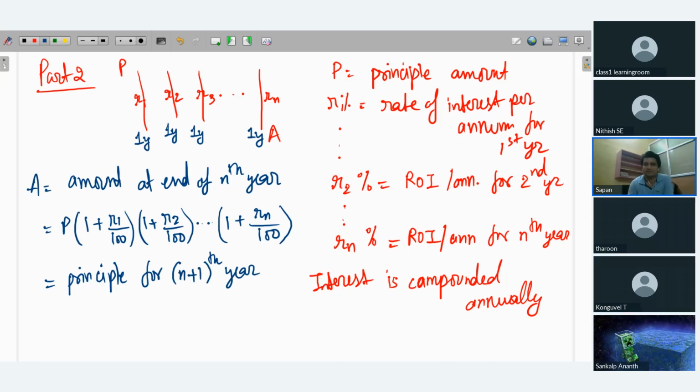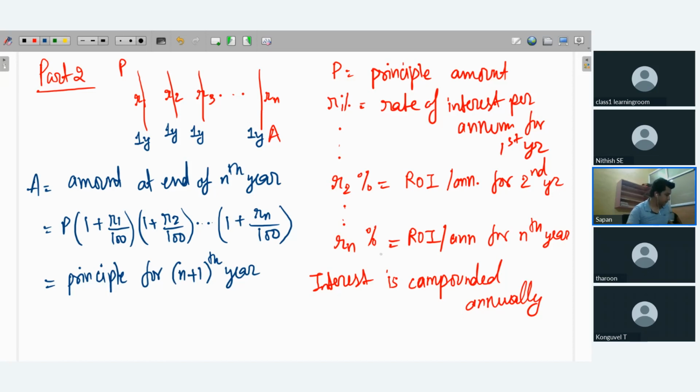Okay, excellent. Anyways, we'll continue. So let's continue with the next part. Sankalp left, sir. Maybe he left. Where were you? Hey, Nitish, where are you?